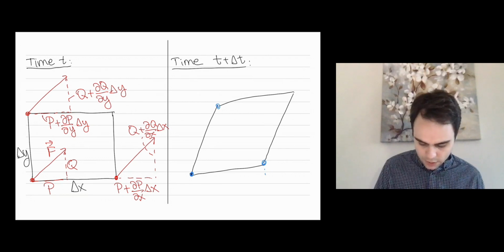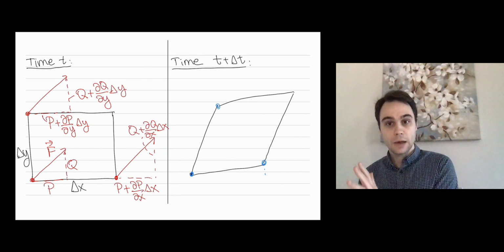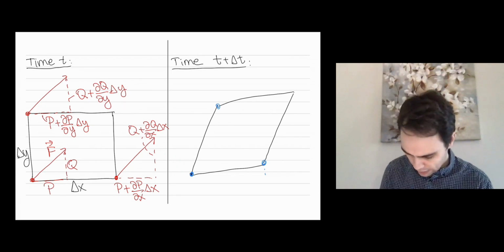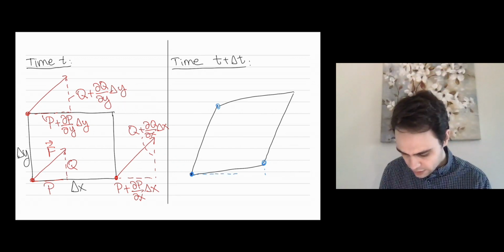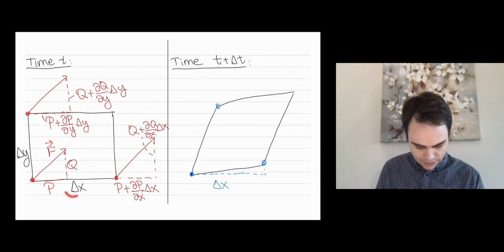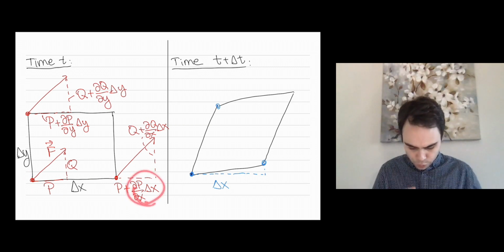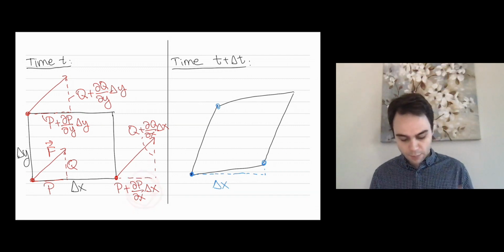So we have these three points. The blue points are where the red points ended up after time delta t passed, right? The original distance between the two blue points at the bottom was delta x, but they're drifting apart. The x component of the velocity of these two points differs by dp dx delta x, so they're drifting apart at a rate of dp dx delta x per unit time.